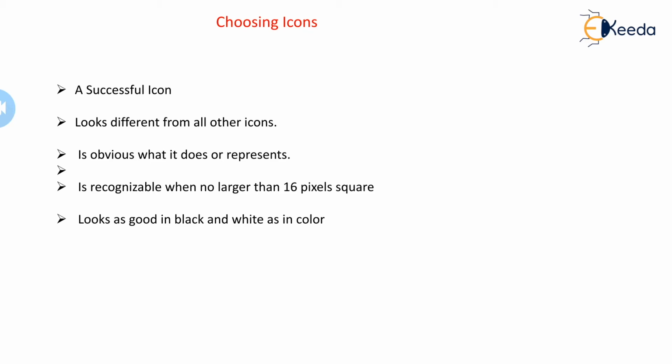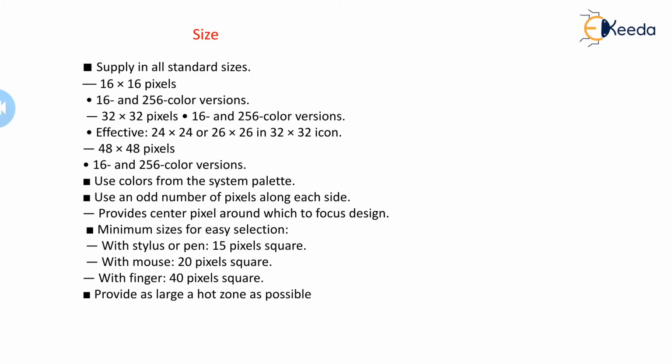A successful icon looks different from all other icons. So the first thing that matters is a successful icon. An icon must look different from all other icons, making it discriminable and differentiable. What it does or represents must be obvious so it's interpretable. Then the size. Okay, we finish with the successful icon.